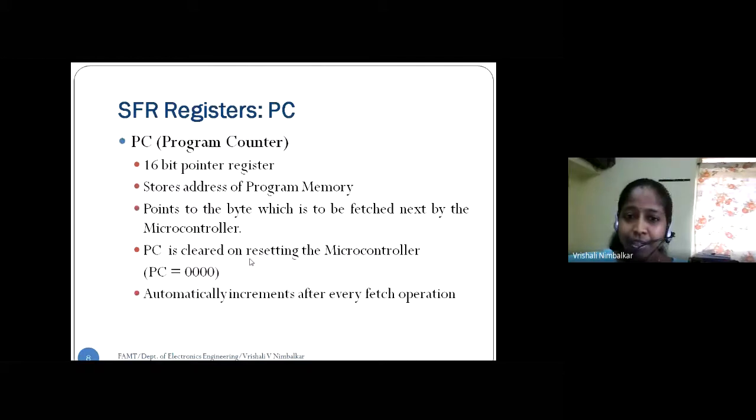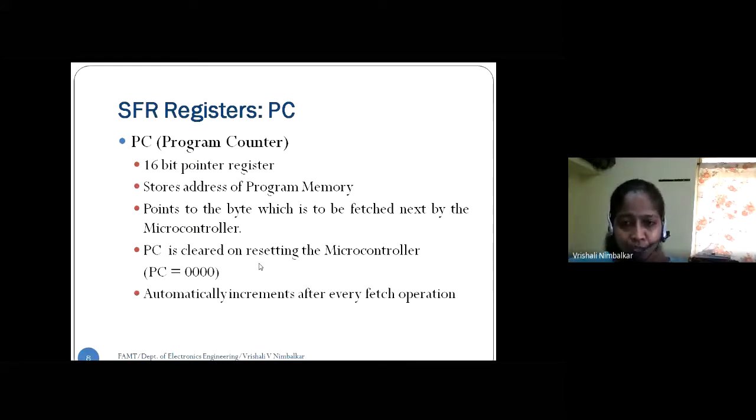Correct? On resetting the controller, the program counter gets cleared. What does the program counter do? It fetches the byte which is to be executed next. So that is the reason, since the program counter is cleared, our programs should begin at address 0000 hex. Is that okay?